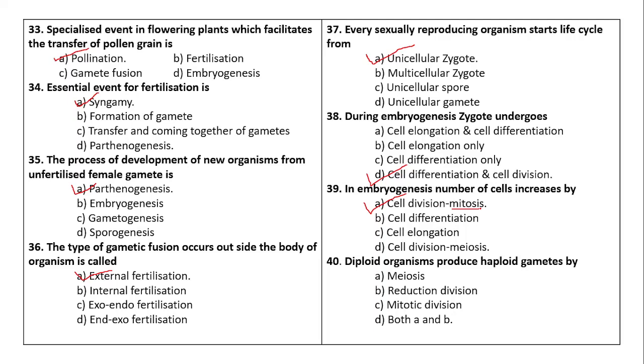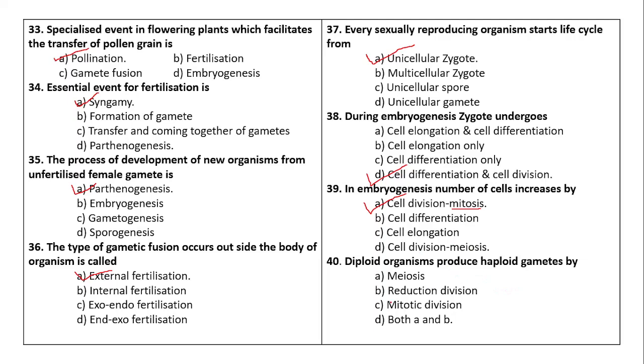And the last question is 40th. Diploid organisms produce haploid gametes by: that means from 2n to n. From diploid, how are the haploid gametes produced? Very simple, as I have already told you in the 39th question itself.